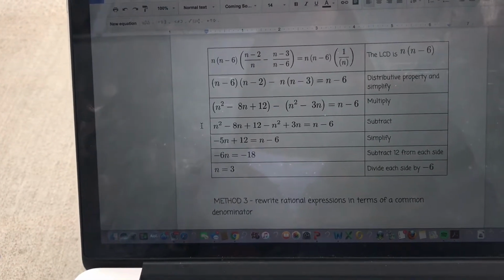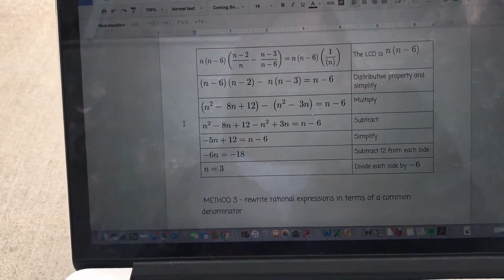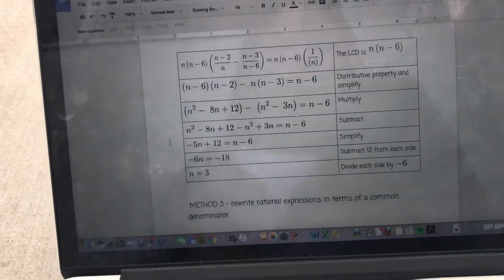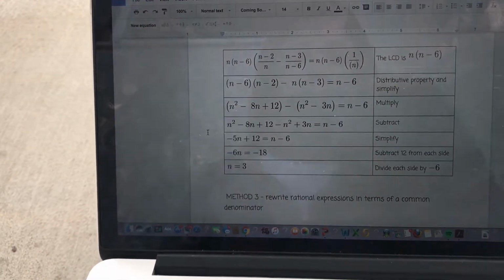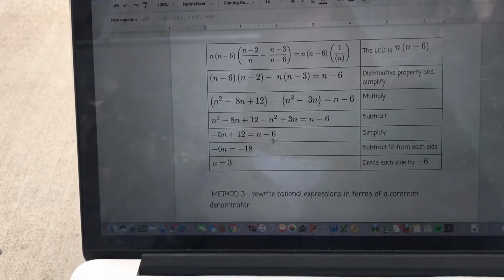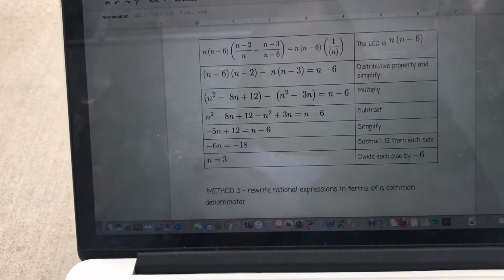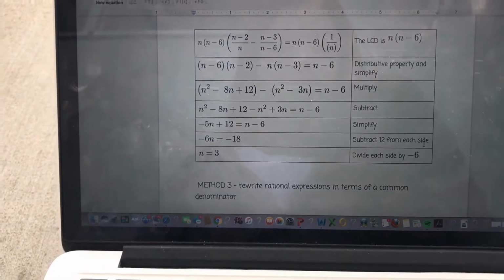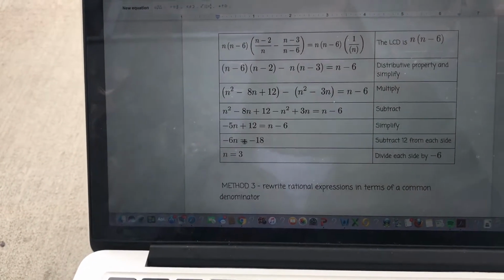And after we subtract, we're going to simplify, and that will give us negative 5n plus 12 equals n minus 6.